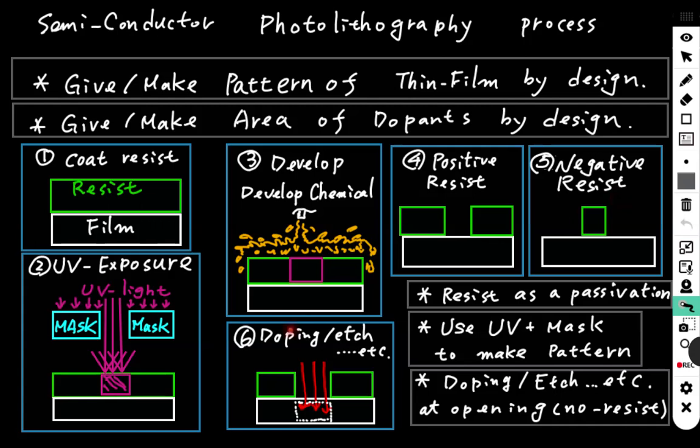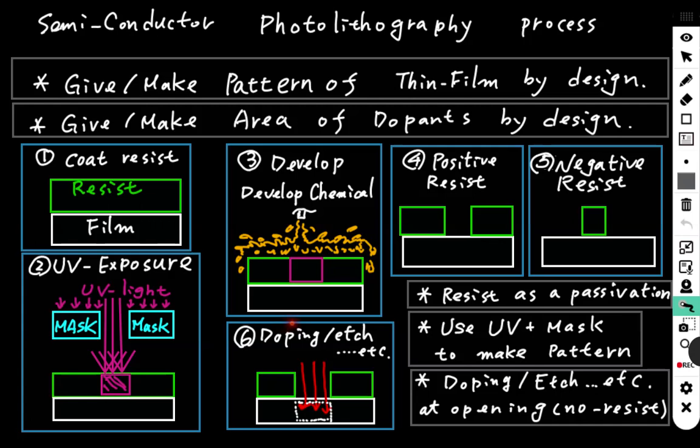At last, we can proceed to process the doping or etching and so on, or another process, to this opening here of the film, and the resist is just a preservation, a protection layer.